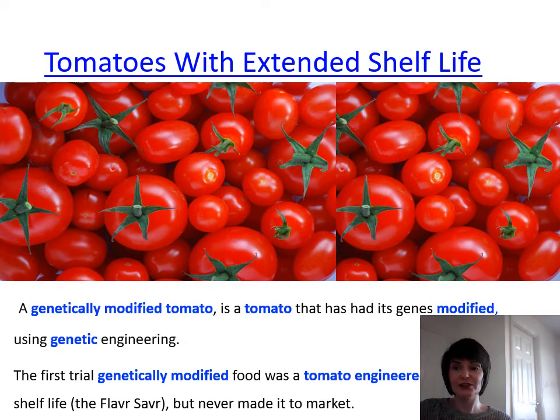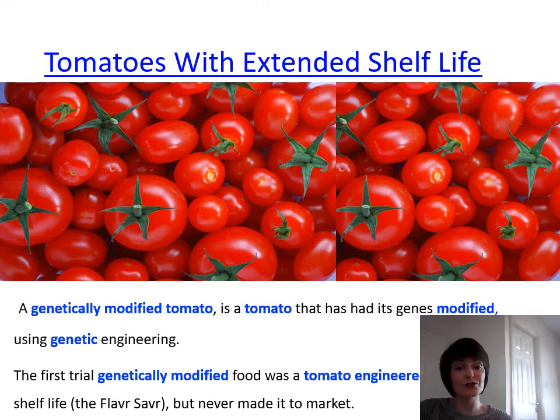Tomatoes with extended shelf life. So a genetically modified tomato is a tomato that's had its genes modified, again using genetic engineering. And why would we want to do that? Think of extending the shelf life of food for consumers as well as the supermarket trade.